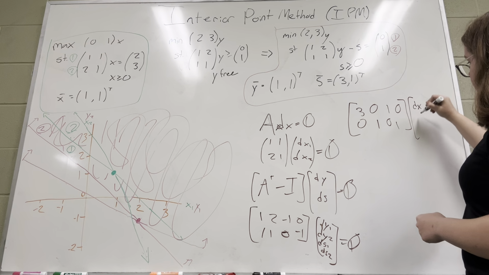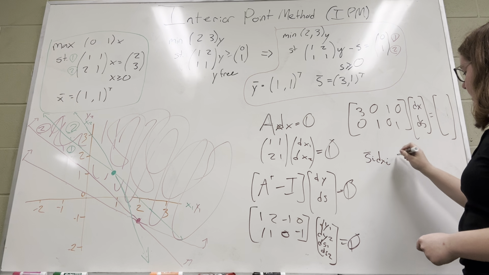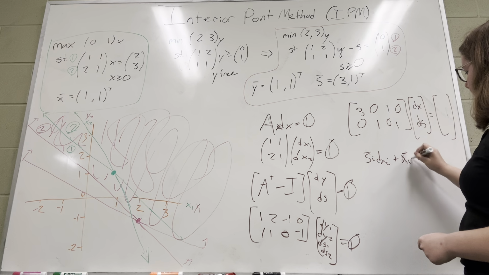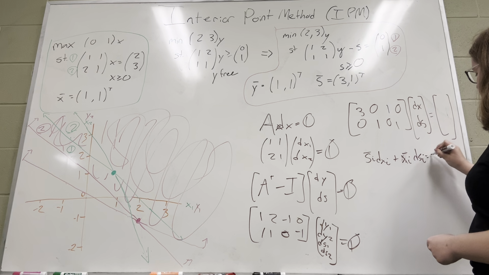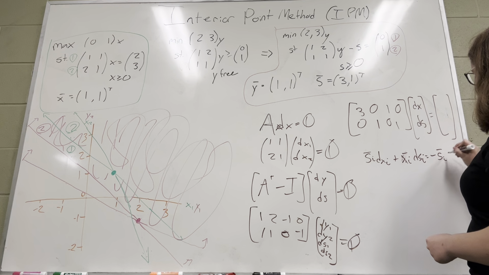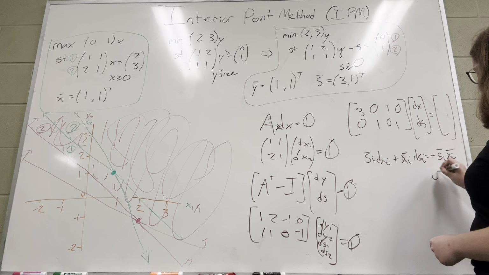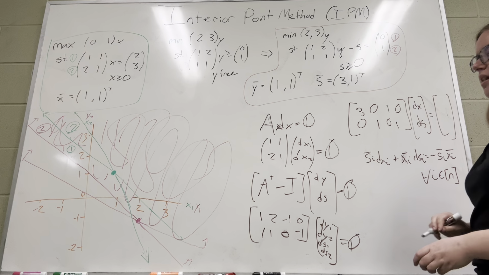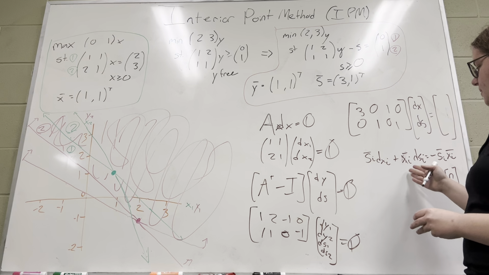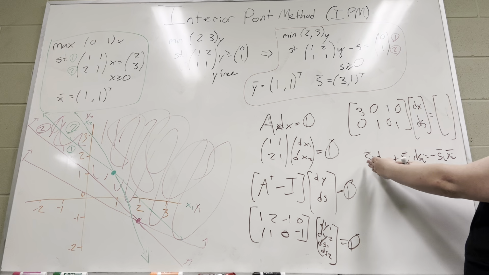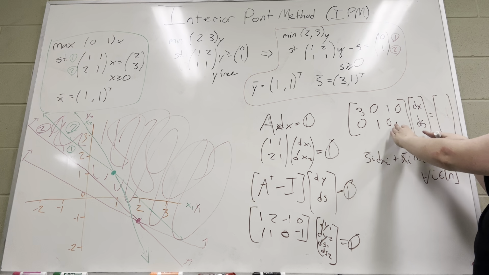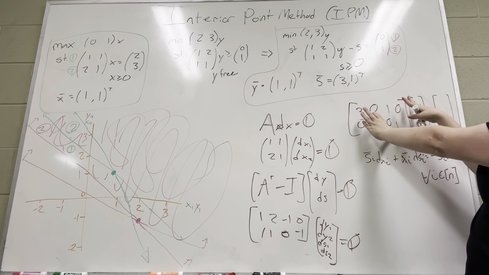Well, we have that we want s bar i dxi plus x bar i dsi equals negative s bar i x bar i for all i in the indices of the columns. So what is this? Well, s bar i times dxi, that's what we're getting over here, and then that's what this part is doing.